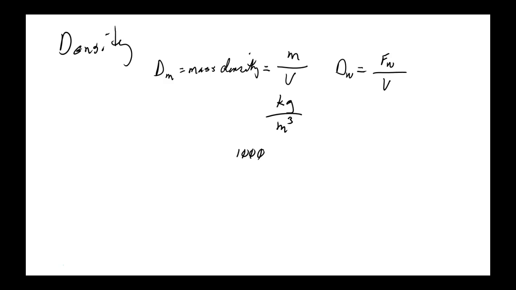And why do they put a bar over this? It's not needed. It's exactly 1,000. It doesn't need a bar over anything, but they put it there. Kilogram per cubic meter. That's because they like using 3 significant digits.